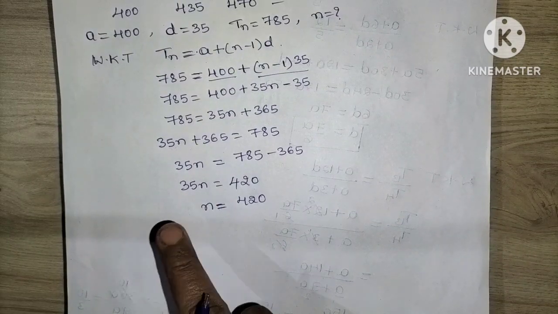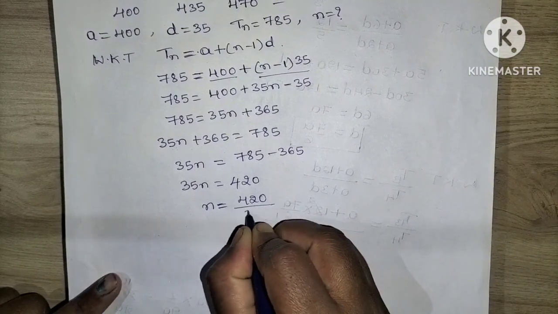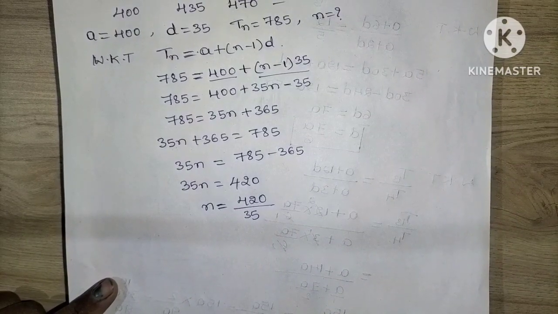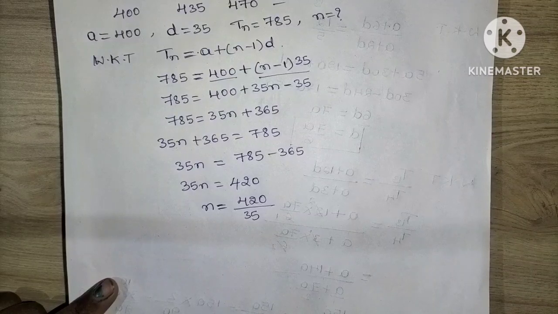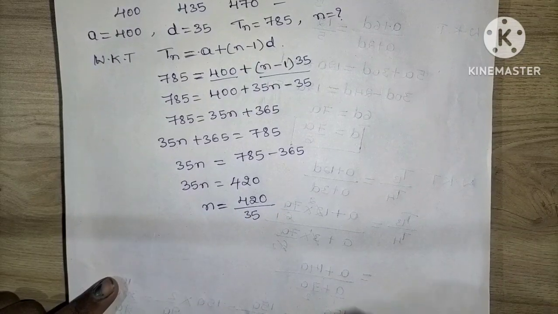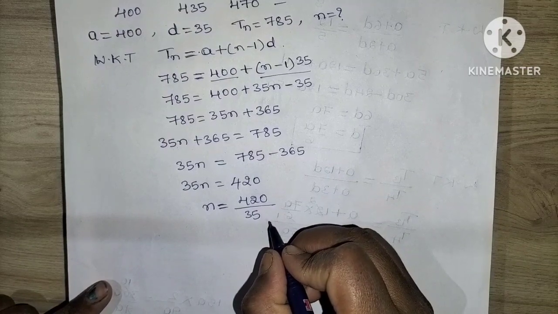If we send the multiplied 35 from LHS to RHS, it becomes divided by 35. So if we send anything from LHS to RHS or RHS to LHS, plus becomes minus, minus becomes plus, multiplication becomes division, and division becomes multiplication. Here n is equal to 420 divided by 35.